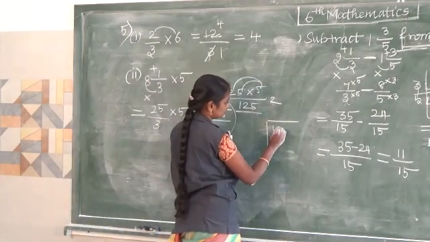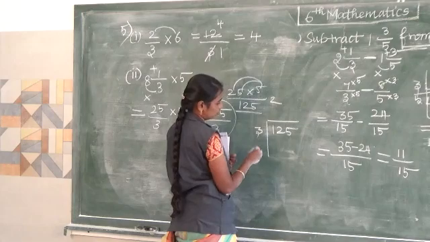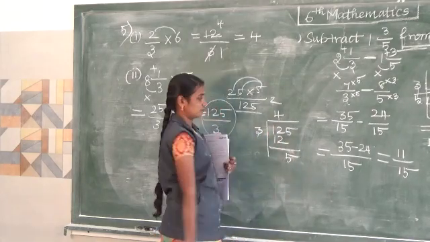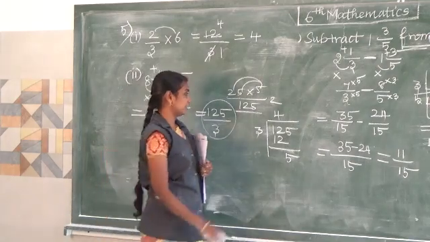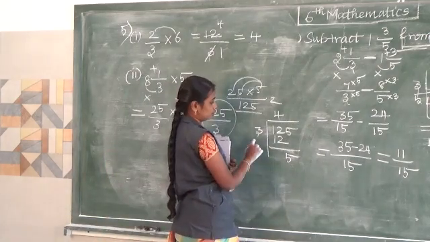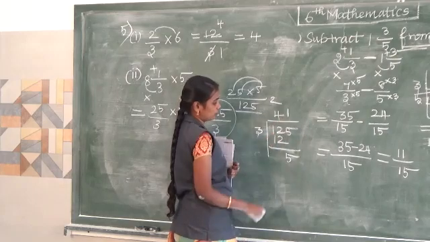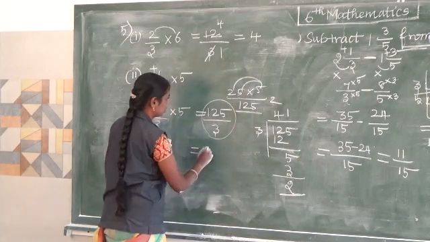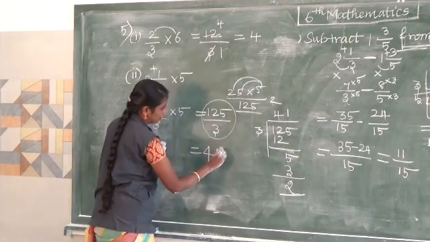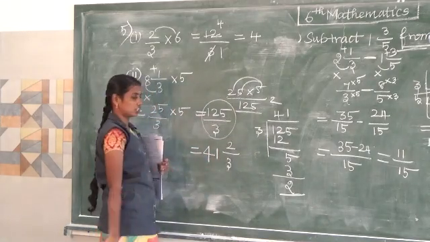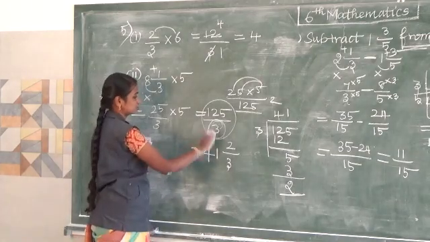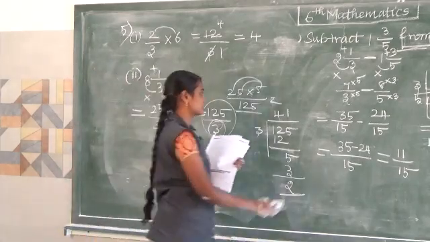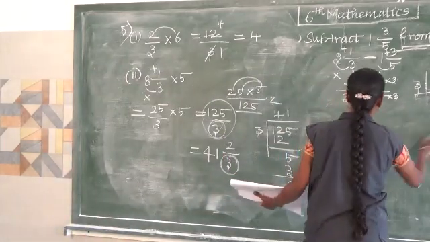Go for the division. 3 table 4 times, remainder 5. 3 table 5, how many times will come? 1 time. 3, remainder is 2. So you can write it as 41 2 by 3. Don't change the denominator. Denominator must be the same. Next option.